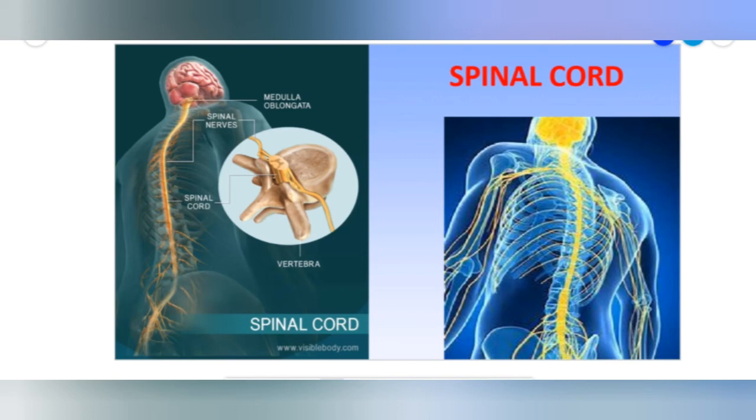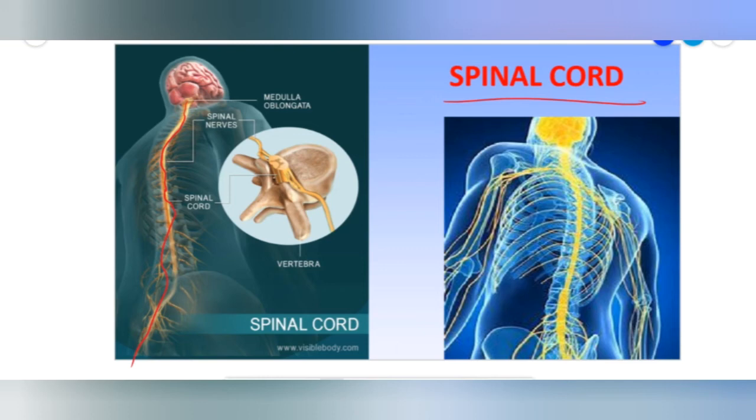Let's look at the second section of the central nervous system, which is the spinal cord. The spinal cord is just a continuation of the brain. Look, this is the brain, and we have the spinal cord running through this line. It is found in the neural canal of the vertebral column. We know this very well.